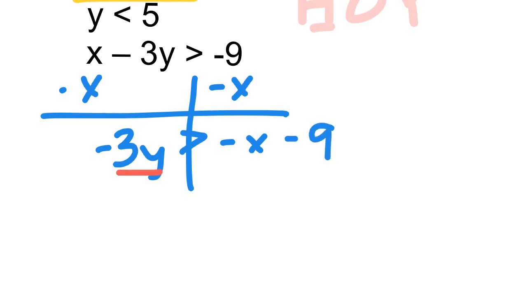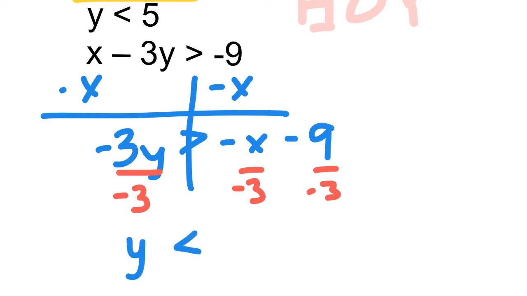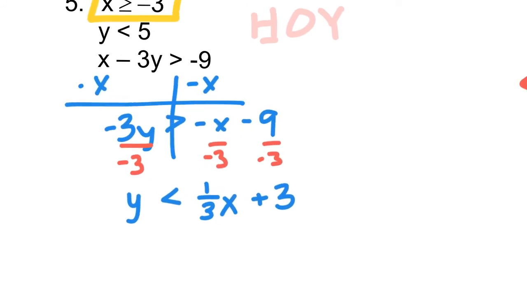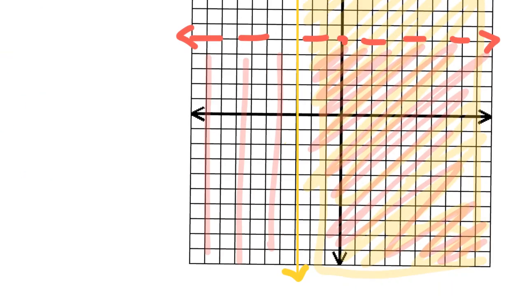Now bells, sirens, and whistles should be going off in your head because we have to switch this due to dividing by a negative number. So I'm going to write this as 1/3 x instead of x over 3. It makes more sense because the slope is 1/3. Now let's draw the line and then we'll come back and shade it momentarily.